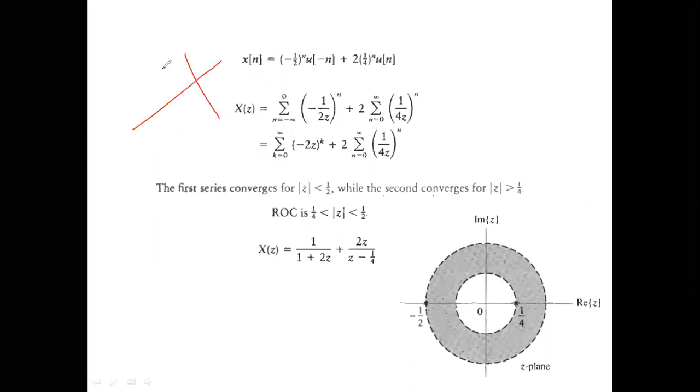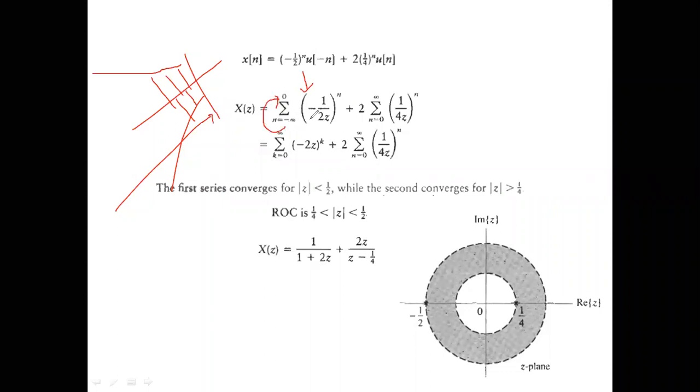But we are not bothered about that. We are only bothered about from where to where, and the alternating signs. So the limits for the first summation are from minus infinity to 0.